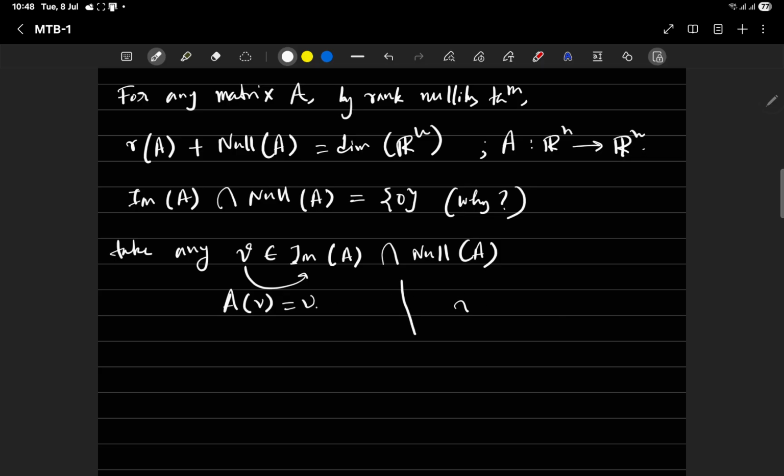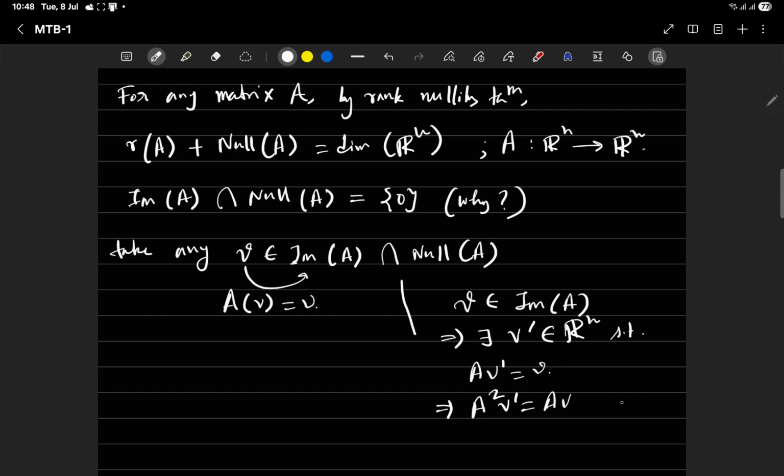Look, as V is in the image of A, this means there exists a V dash, say, belonging to Rn such that AV dash equal to V. Now operate on both sides: A square V dash equal to AV. But as you know, A square means A, so AV dash equal to AV. But now what is AV dash?